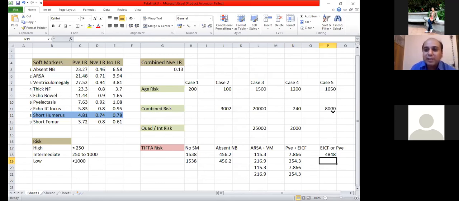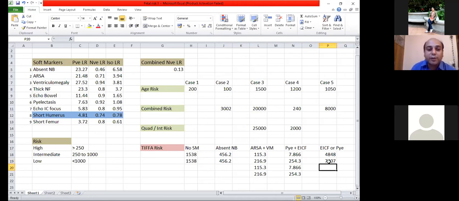So if we see 8000 is the risk before the scan, if we calculate the risk of this scan, like 1.08 for pyelectasis, isolated LR of pyelectasis, then the risk reduces furthermore.